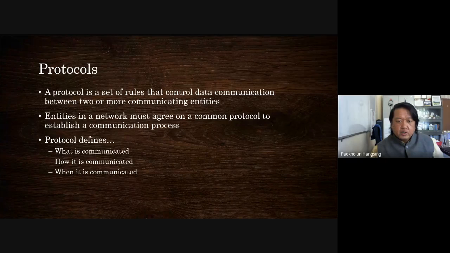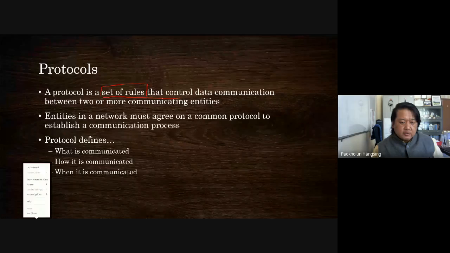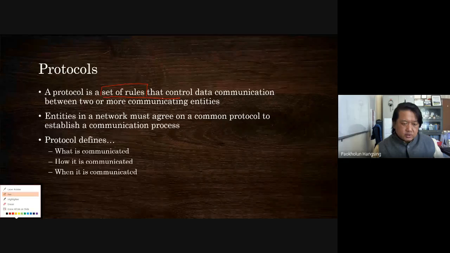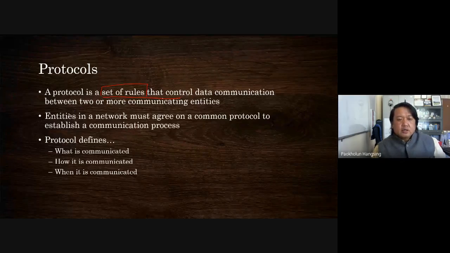Now, it is very important that there is a set of rules that governs or controls data communication. Without this set of rules, we cannot have proper communication. So this set of rules is very important in data communication.